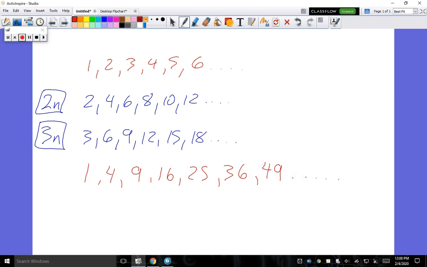Those of you who saw it fast, what we're doing today is going to be easy for sure. All I'm doing is squaring it. 1 squared is 1, 2 squared is 4, 3 squared is 9. You with me? 4 squared is 16, and so on and so forth. Are we good? So we could say n squared.